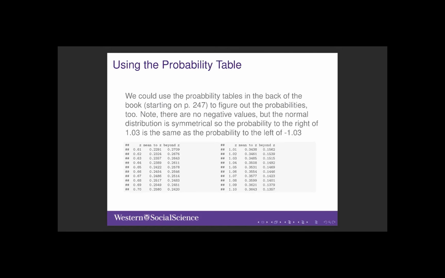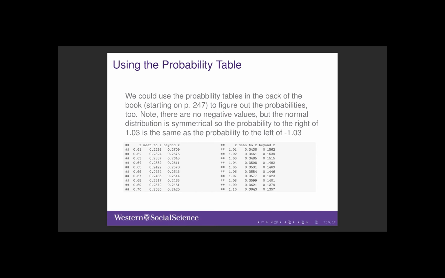We could also use probability tables from the back of the book. They start on page 247. I've recreated those tables here. Note that there are no negative values, but the normal distribution is symmetric, so the probability to the right of 1.03 is the same as the probability to the left of minus 1.03.